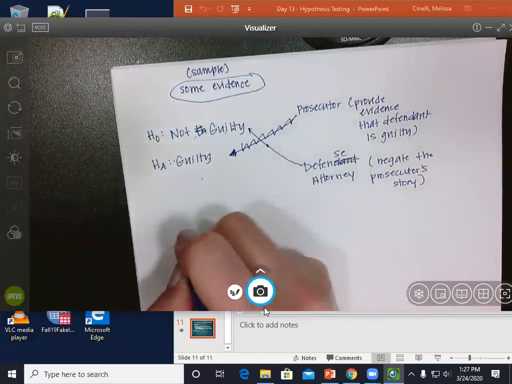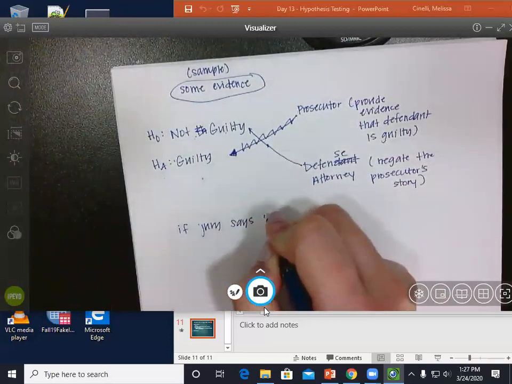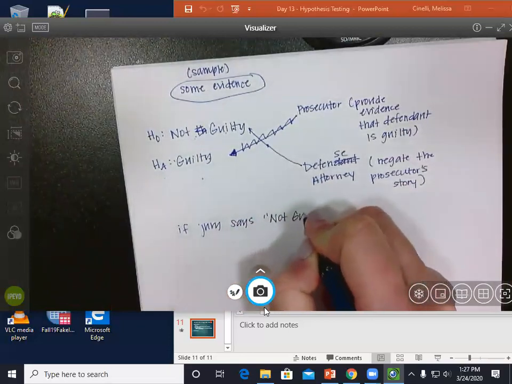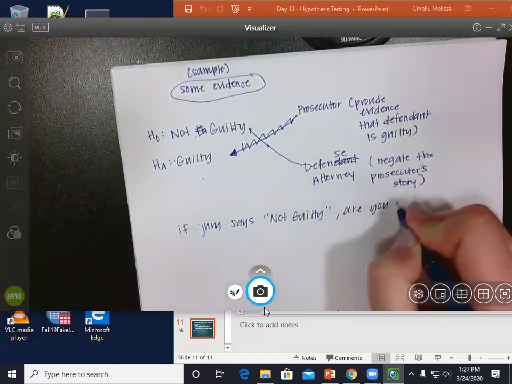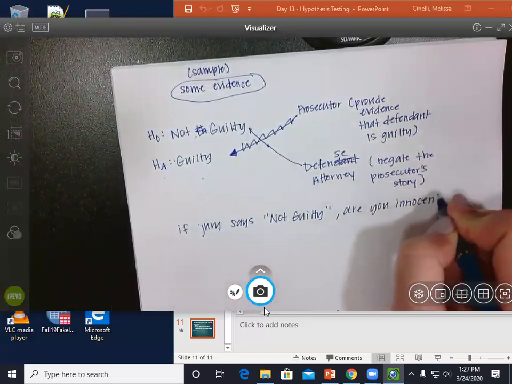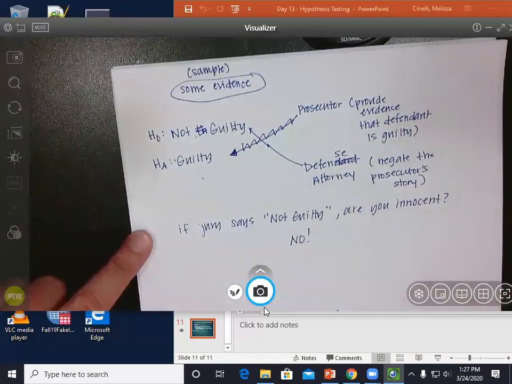If the jury says not guilty, does that mean with 100% confidence that the defendant is innocent? No, it does not.